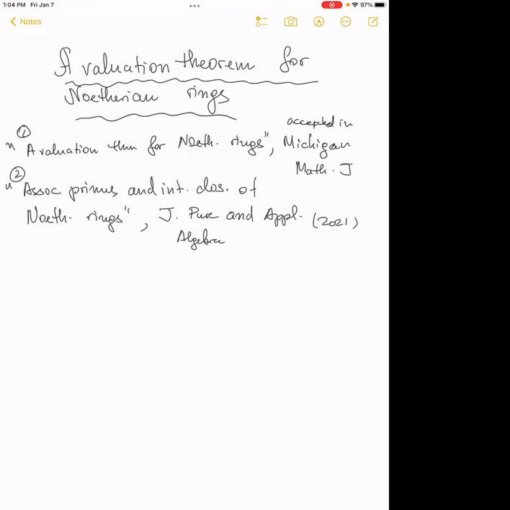It's the paper bearing the same title, an accepted paper in the Michigan Math Journal. And some of the techniques were developed in another paper that appeared in the Journal of Pure and Applied Algebra last year.